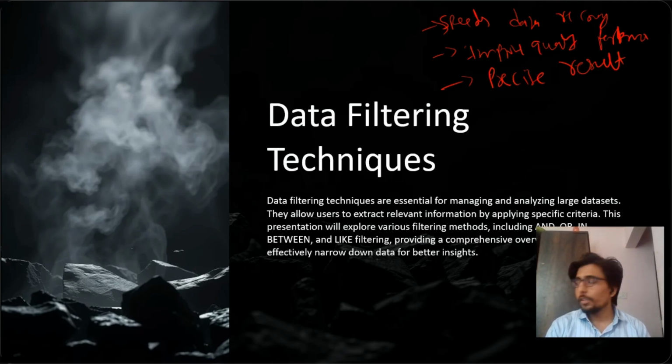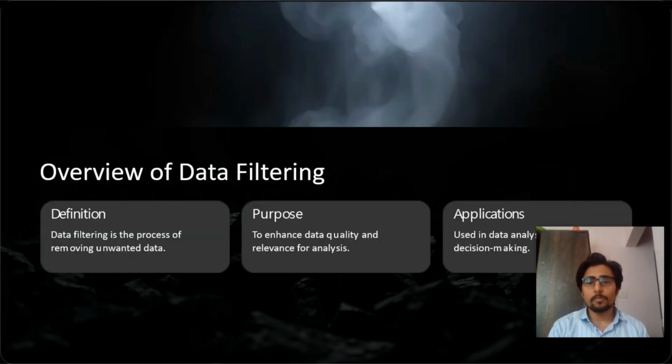And now let's directly jump to AND, OR, NOT, all the data filtering techniques. As you can see, the definition of data filtering is basically the process of removing unwanted data.